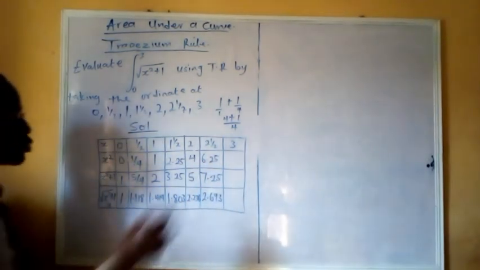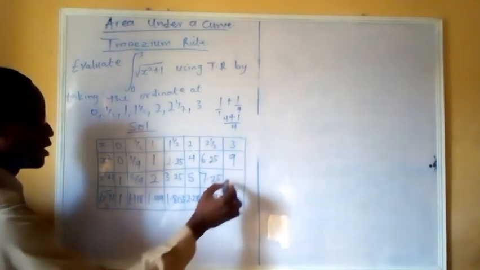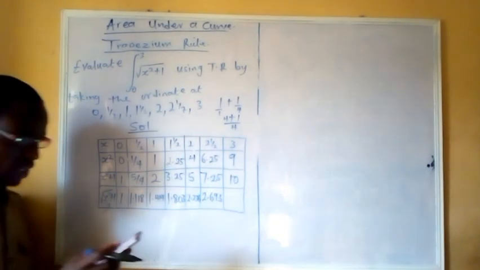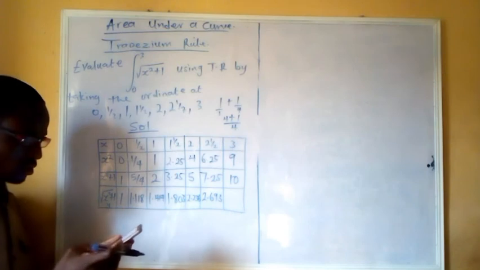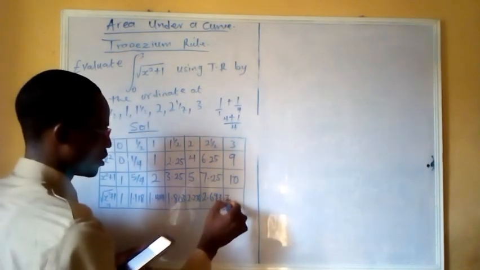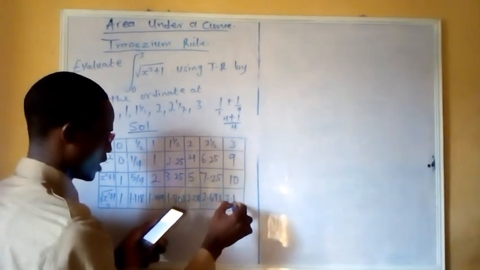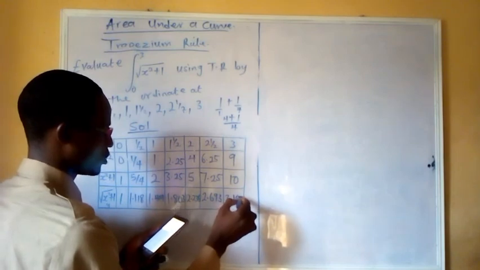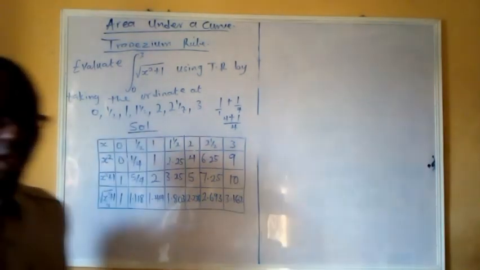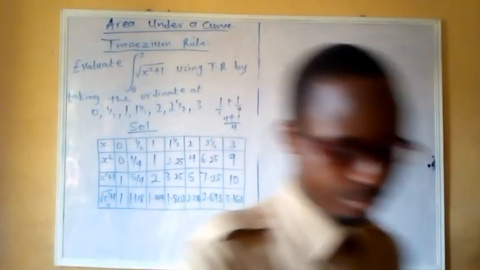For the last one, 3 squared is 9, plus 1 is 10, and the square root of 10 is 3.162.